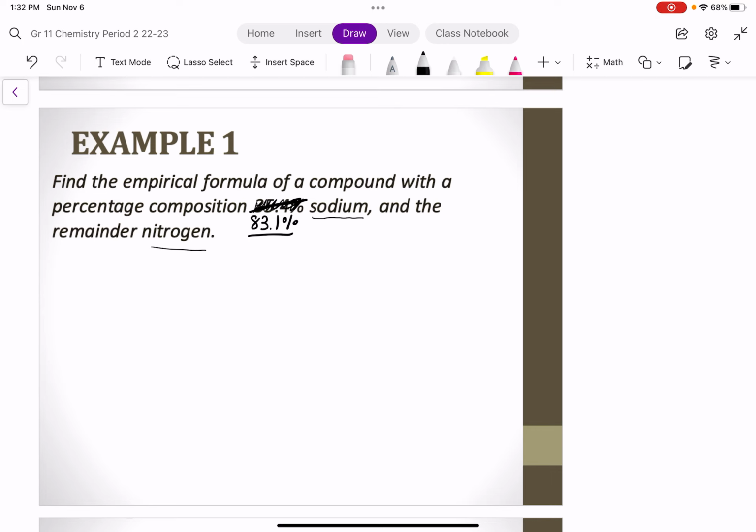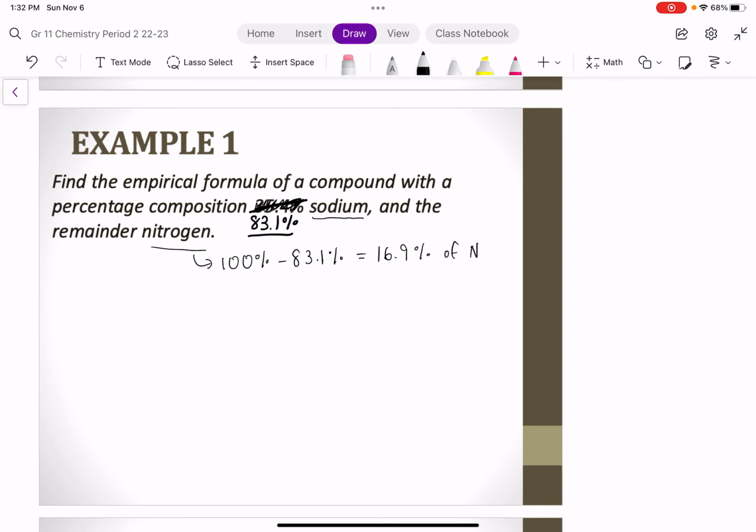We can solve for the mass percent of nitrogen by doing 100% minus 83.1%, which is 16.9% of nitrogen.